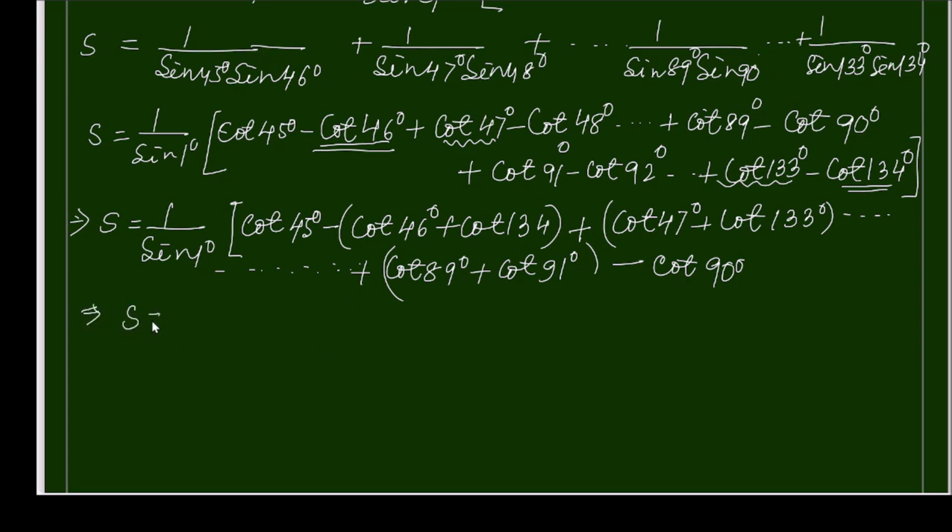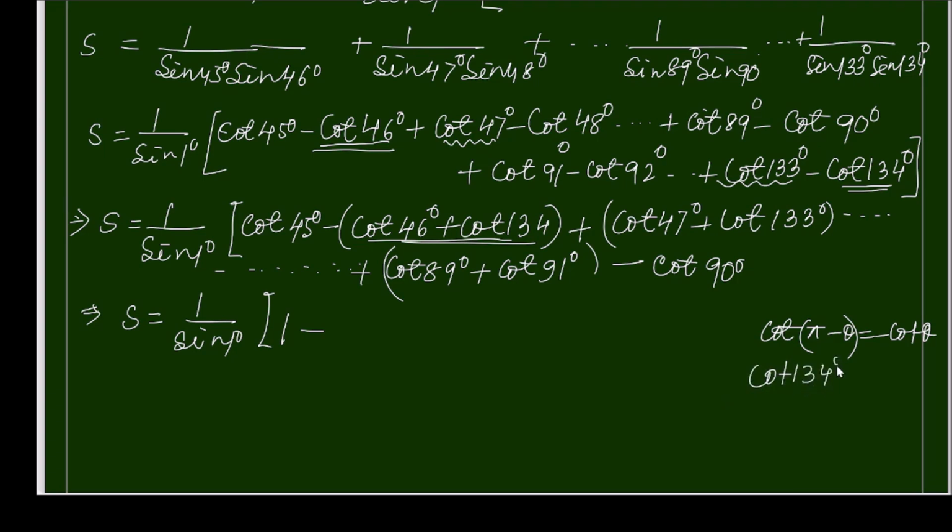So in the next step, we have 1 over sine 1 degree, and cot 45 is 1. Then the pairs become 0. Why? Because cot of (180 minus theta) is the negative of cot theta. Cot 134 is cot of (180 minus 46), so that will be minus cot 46.